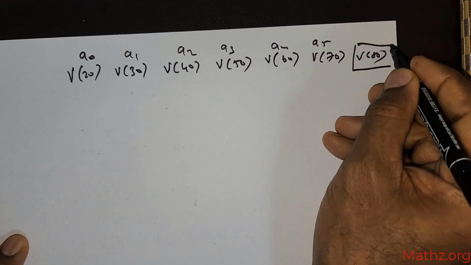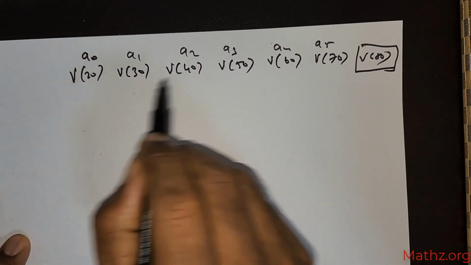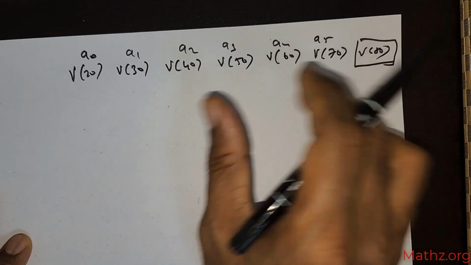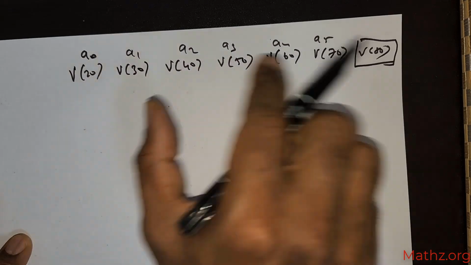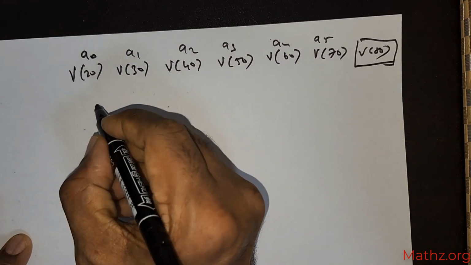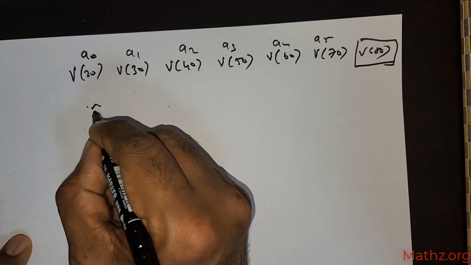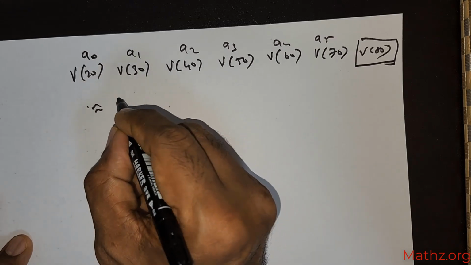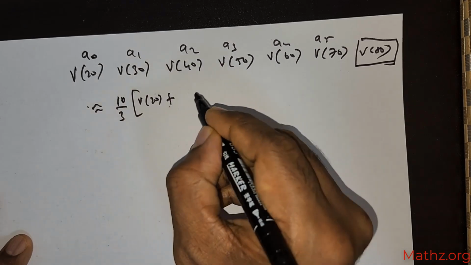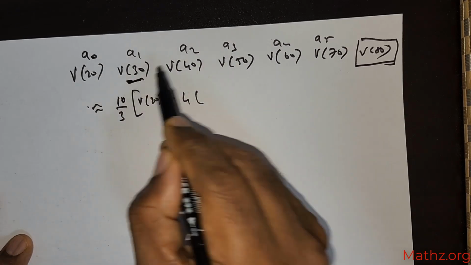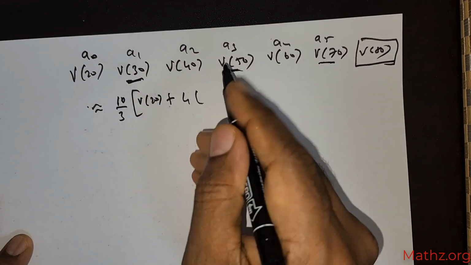We don't number the last entry, and we just number those entries which lie between the initial and the final. Now Simpson's rule, this is approximately equal to (b minus a) over 3, that's going to be 10 over 3 times the first entry you place, followed by 4 times all the odd entries that go in over here.